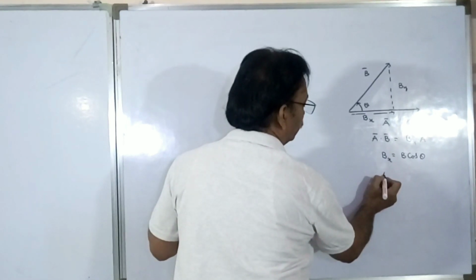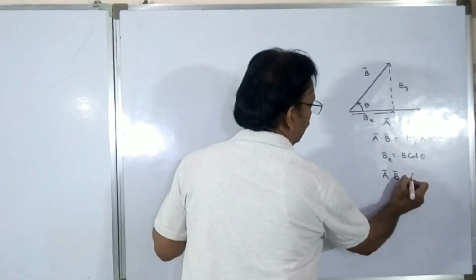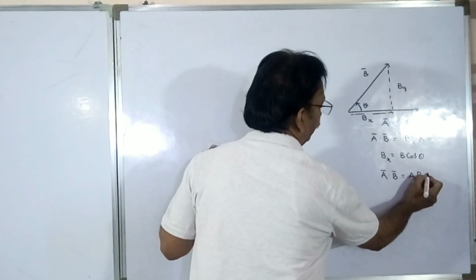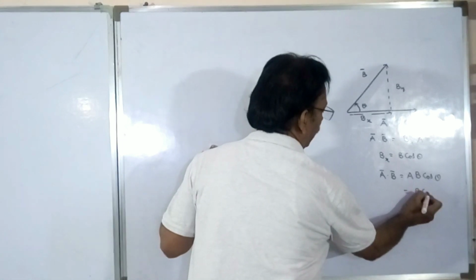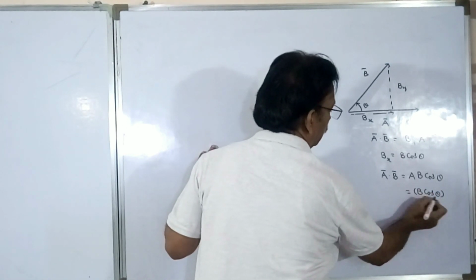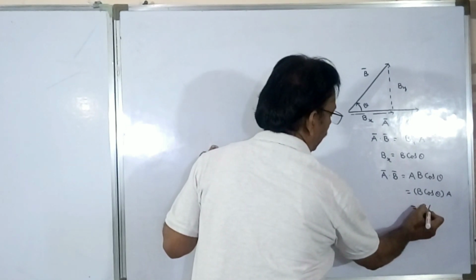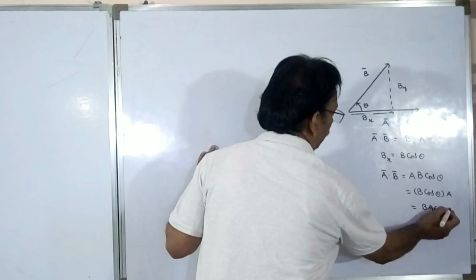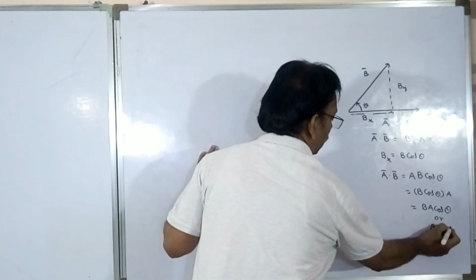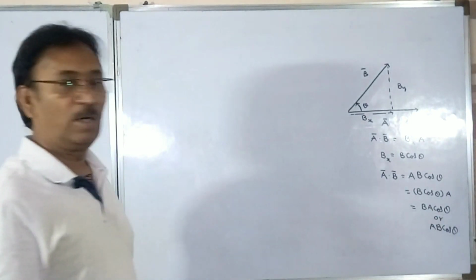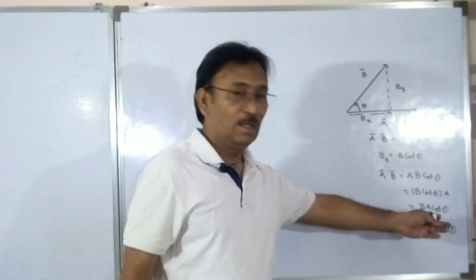Putting the values here, we get a bar dot b bar is equal to ab cos theta, or b cos theta into a, or simply ba cos theta, or ab cos theta. It is the dot product of the vectors, that is ab cos theta.